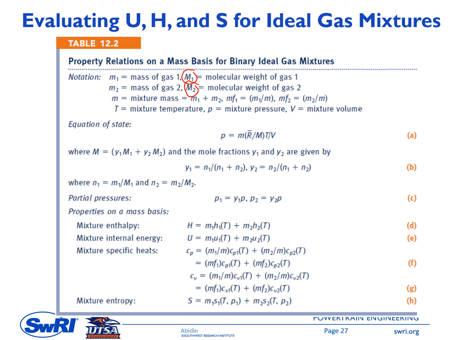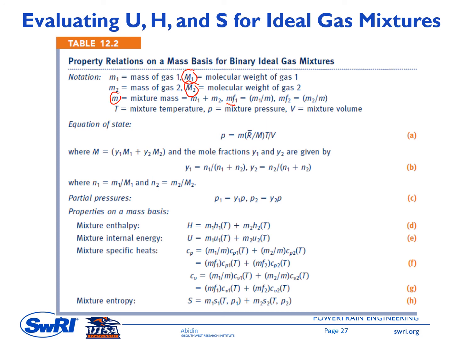And then small m here is the mixture mass, and this is the sum of m1 and m2. And then we have MF1 here, this is the mass fraction. So this is m1 over m, and MF2 is m2 over m. And then T is the temperature, P is the pressure, and capital V is the mixture volume.